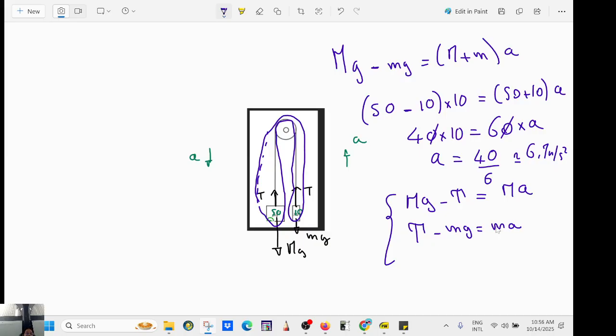That's why it's always easier if you choose the positive direction to be in the same direction as the acceleration. That way you are not confused. Like, should I put a minus here or not? This way it's very clear. Is that clear?